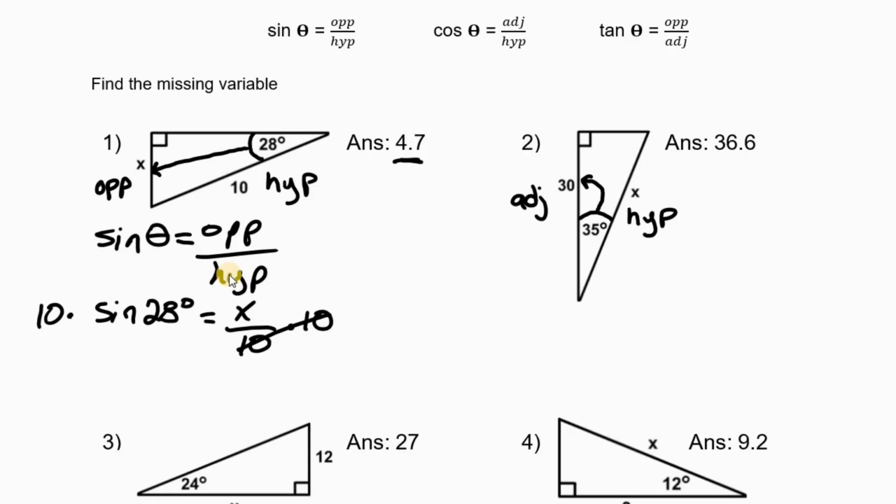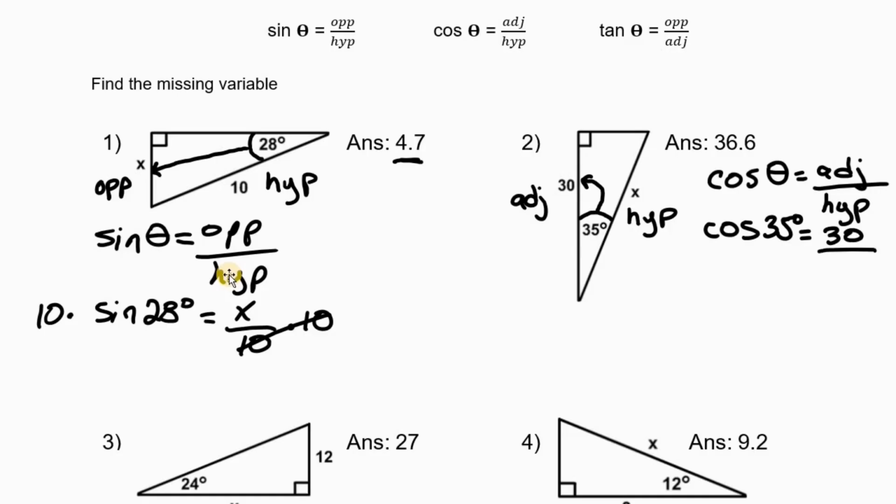So which one of these trig functions has to do with both the adjacent and the hypotenuse? Hopefully you're saying the cosine of theta. So, all right, let's just do our substitution now. So we have cosine of theta, which is our reference angle, which is 35 degrees, is equal to the adjacent, which is 30, divided by our hypotenuse, which is x.